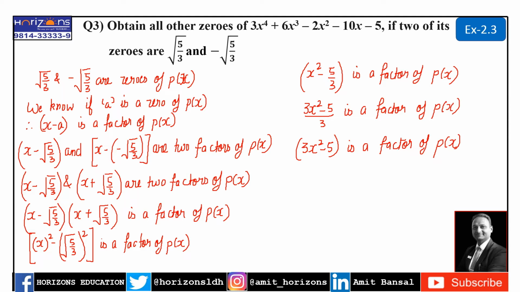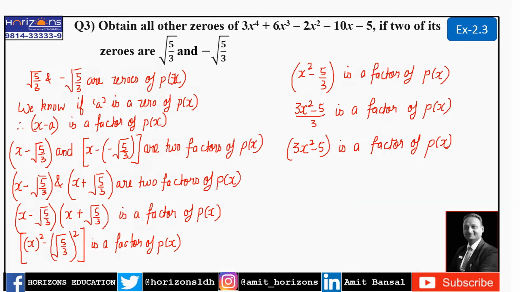So taking it ahead, what we should do is divide the given polynomial by this one factor obtained by us till here. So how to do that? Let's do it.